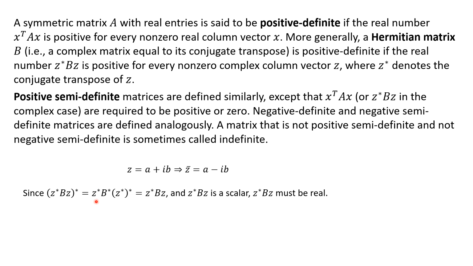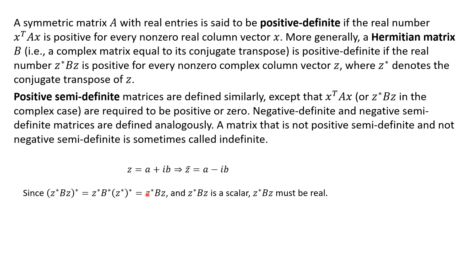And just to go through the calculation here, if you take the conjugate transpose of this, you just put these in reverse order and then take the conjugate of each entity. So you get Z conjugate, then B conjugate, and the conjugate of the conjugate transpose of the transpose conjugate, I should say.